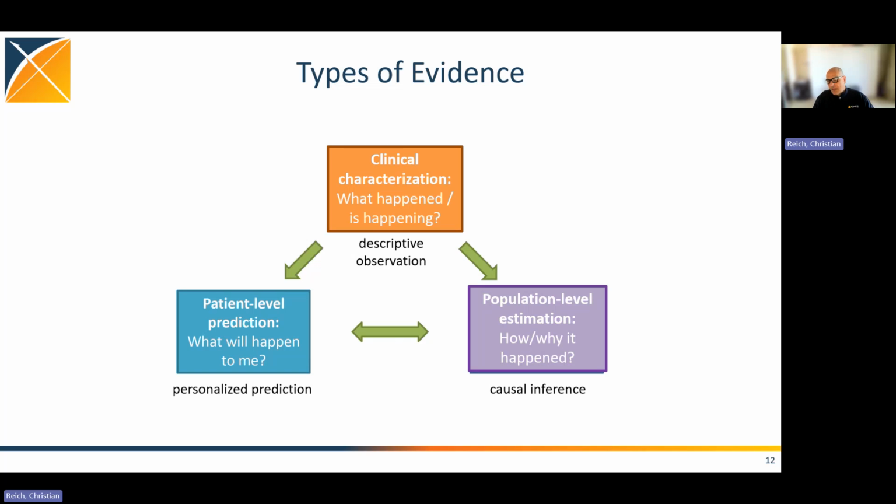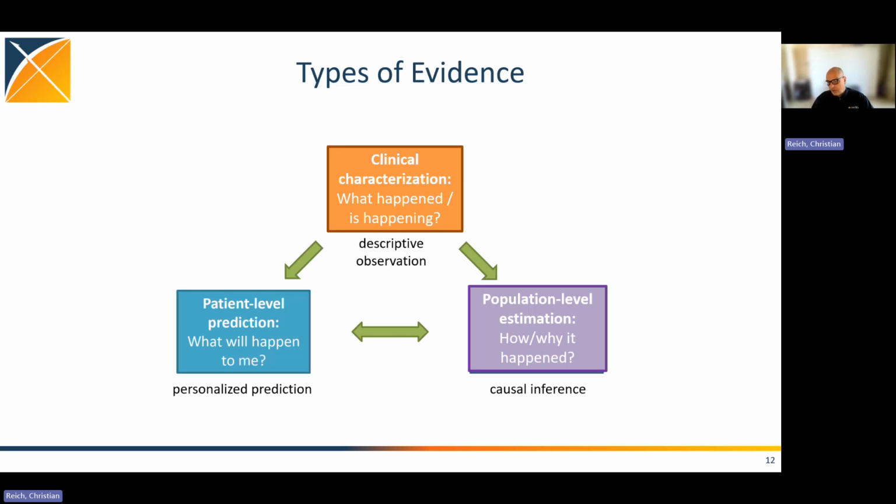Okay. And then population level estimation, that's a synonym of what people just call pharmacoepidemiology or epidemiology studies, which looks into a population, compares to another population, and derives whether there's an association between something, usually a treatment or an intervention, and an outcome.